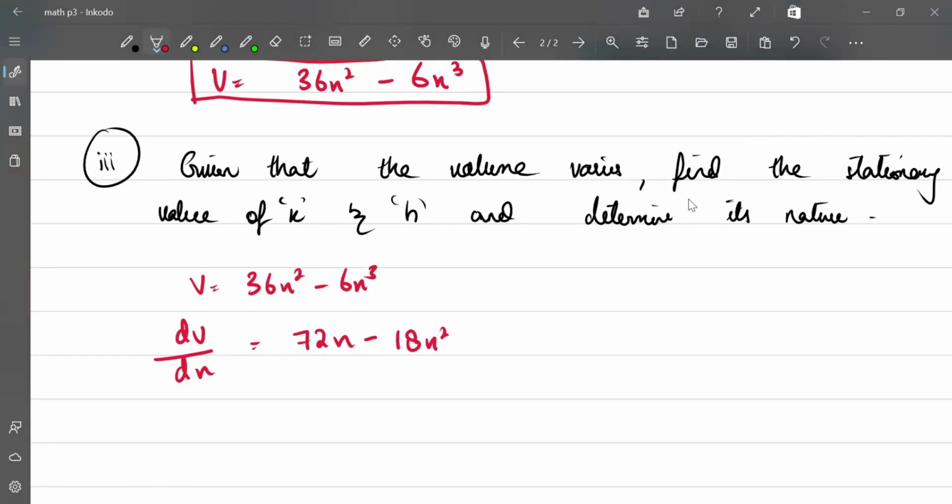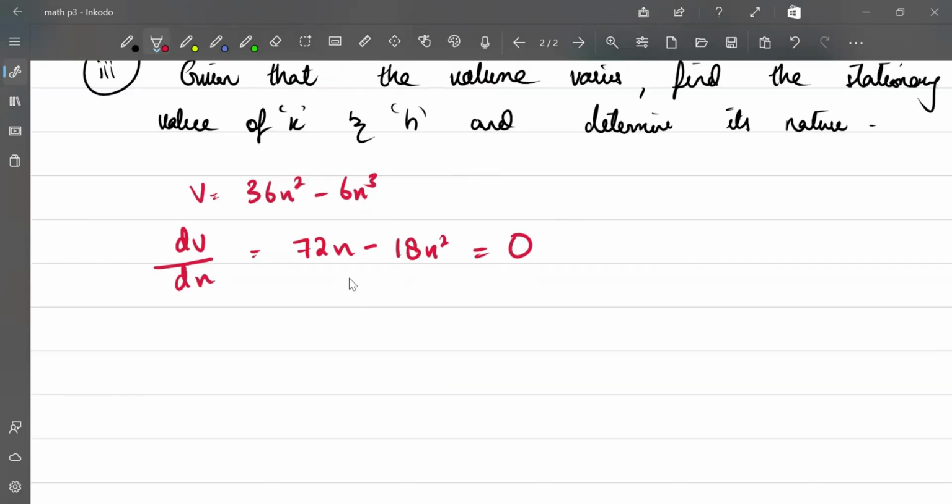And we need to find the stationary value of x, so we are going to equate it with 0. So 18x square is equal to 72x. So x is equal to 72 divided by 18. x is equal to 4. And since we have cancelled x out, x is also equal to 0.